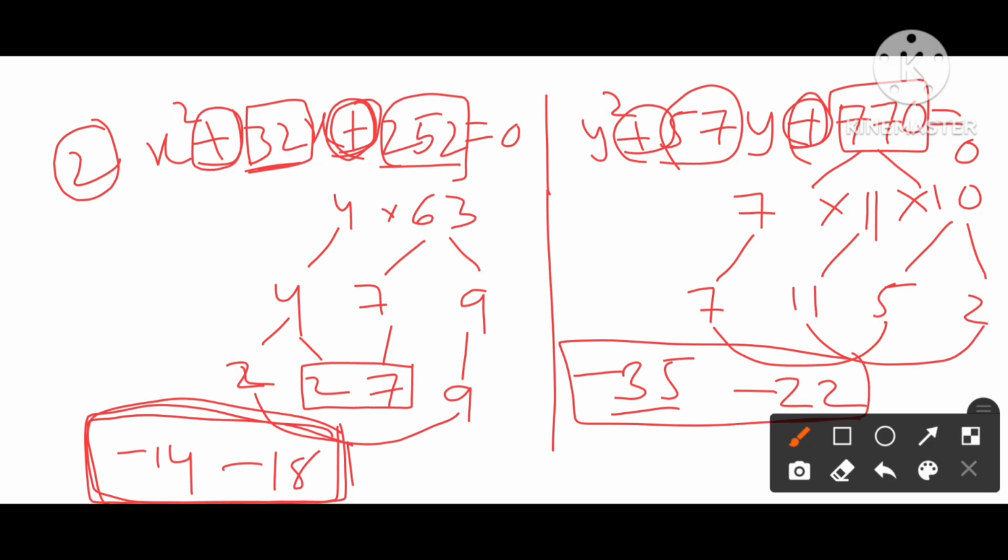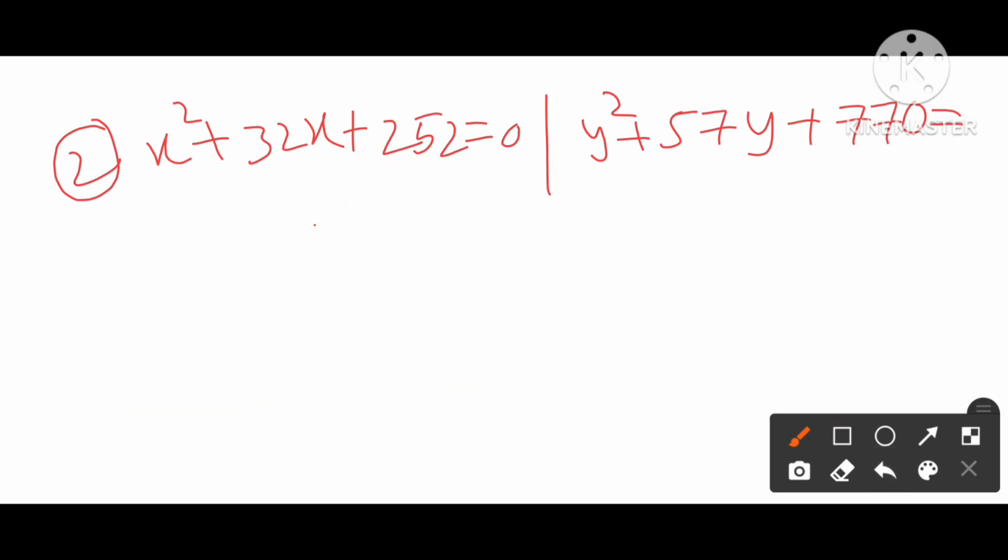Here minus 14 and minus 18 are greater than minus 35 and minus 22. These are negative symbols, so the lesser value is greater. So it is very clear that x is greater than y. x greater than y.